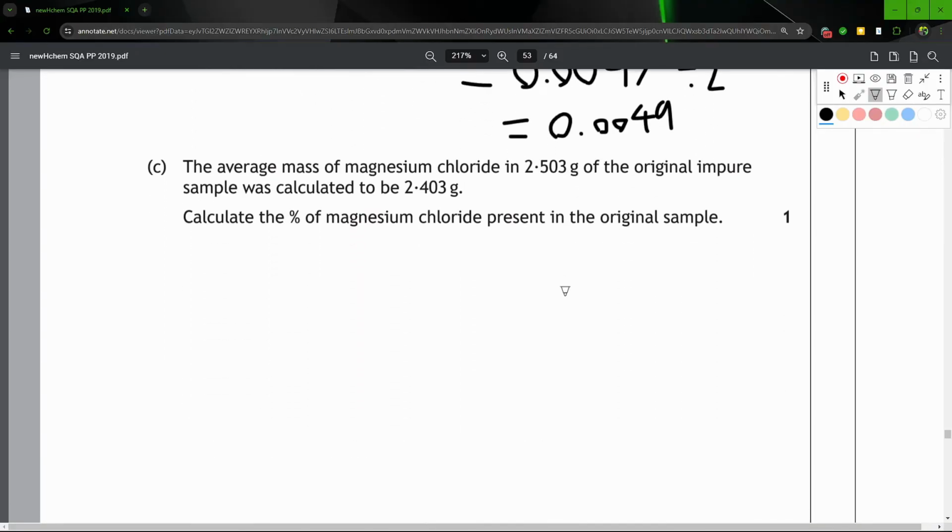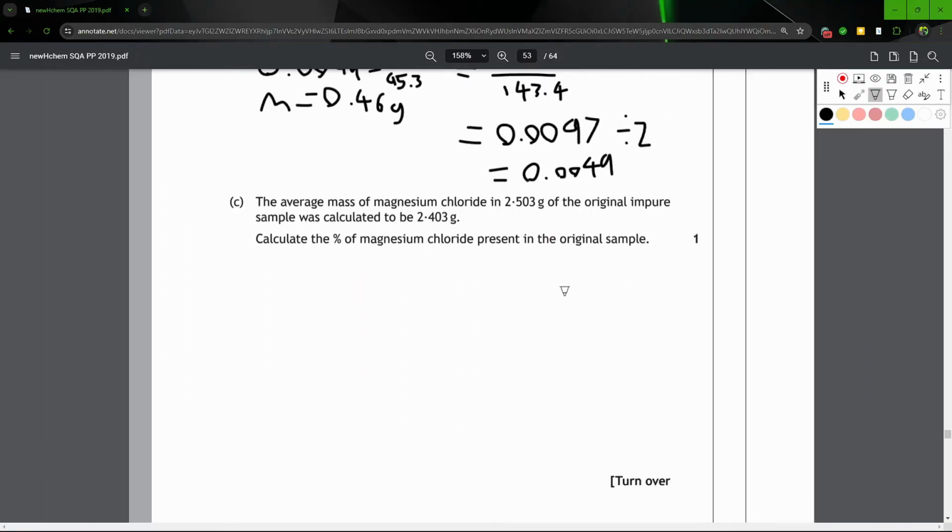The average mass of magnesium chloride in 2.503 grams of the original impure sample was calculated to be 2.403 grams. Calculate the percentage of magnesium chloride present in the original sample. So I think what we're just going to do here is divide them both by each other.